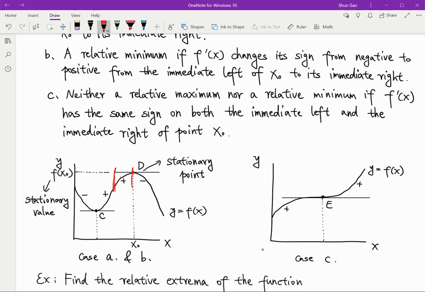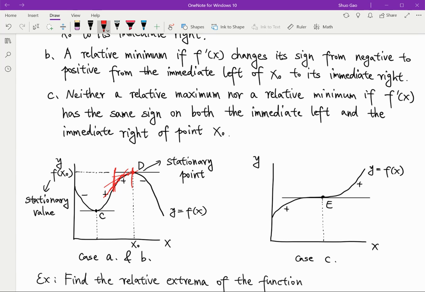That also means that if we draw a tangent line at any of the points in the left neighborhood of the point D, in this small interval, the tangent line should have positive slope, right? Because to the left of D, the function is increasing. So the slope should be a positive number.